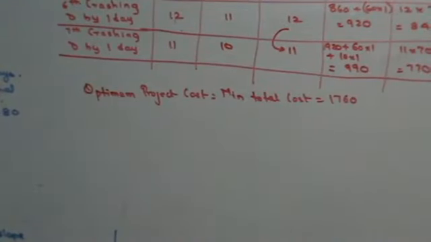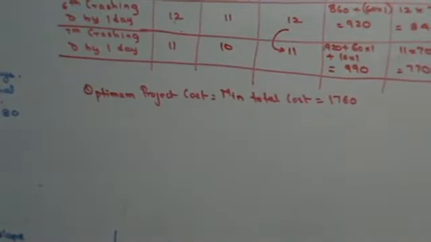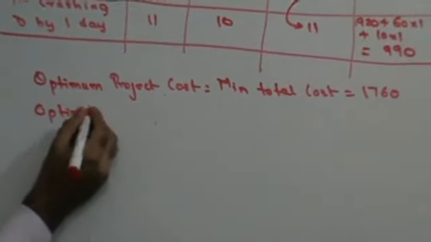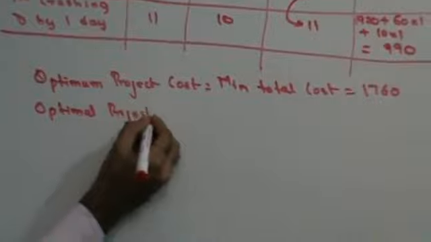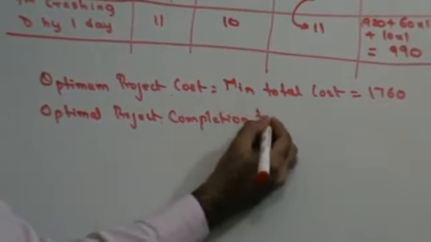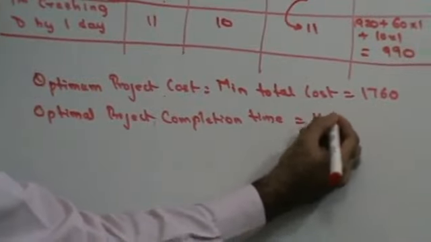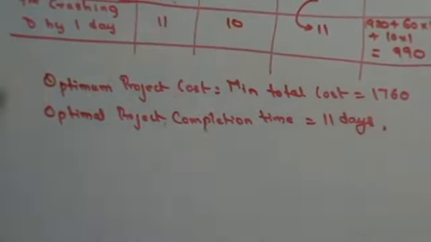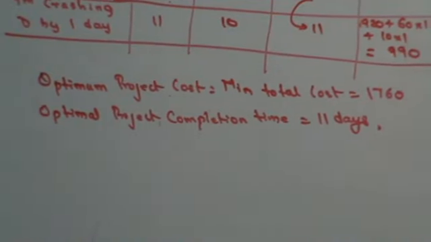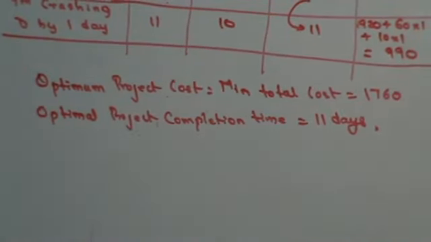My optimum project completion time. Optimal project completion time will now become 11 days instead of my 18 days. Fine. That's your time corresponding to optimum project cost. That will be 11 days.